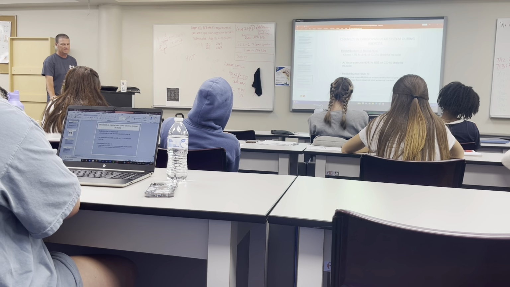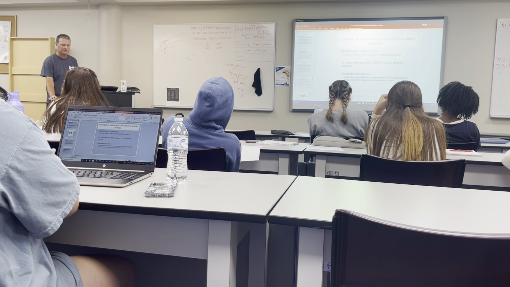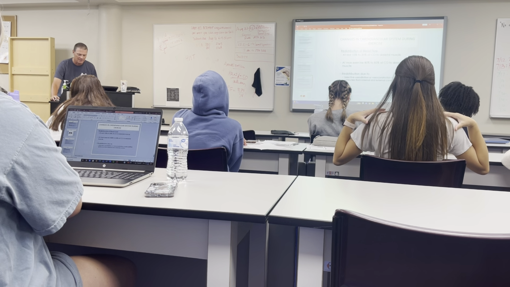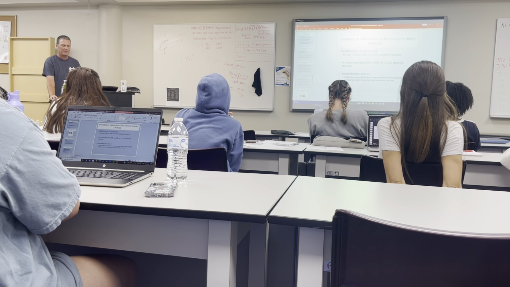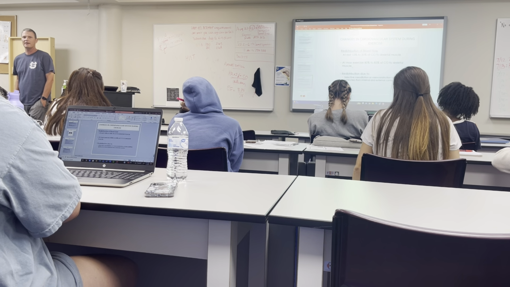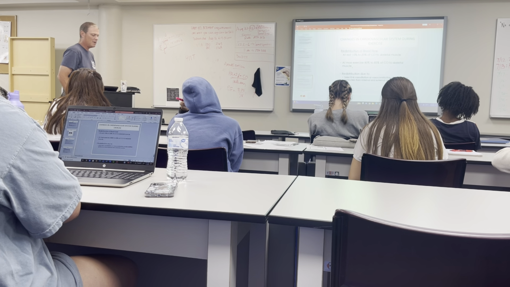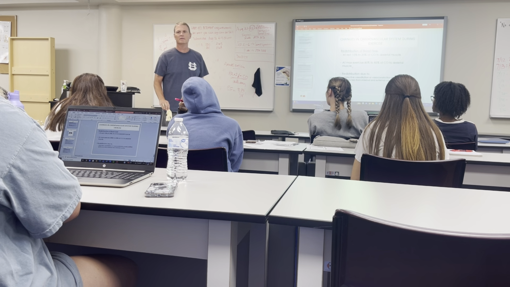At rest, 15 to 20% of our cardiac output goes to skeletal muscle. But look at this. If you're exercising at a max level, 80 to 85% of cardiac output goes to skeletal muscle. We've got to feed them. Therefore, this is why your mom said, don't eat and then go swimming.